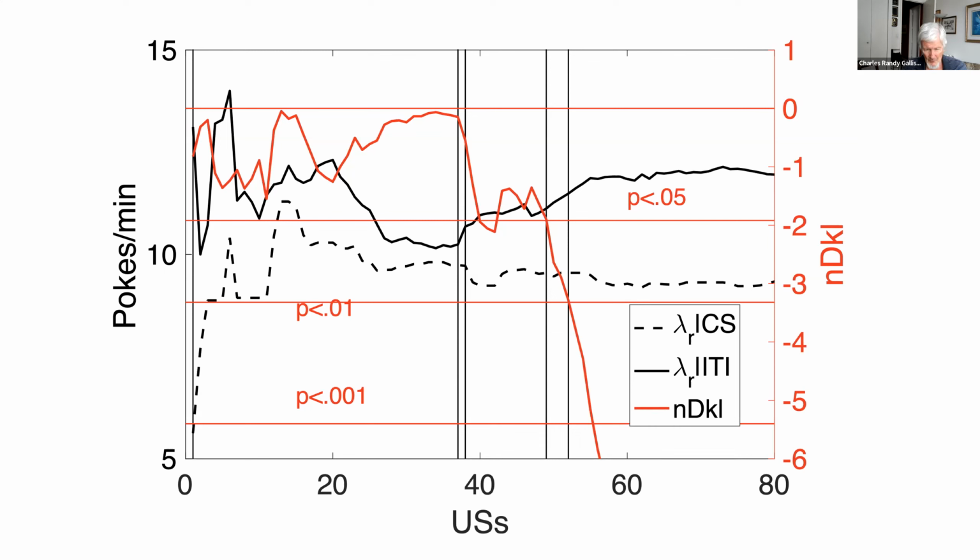Bashak has also used the NDKL to decide whether in a choice experiment, the animal's choice rate has stabilized. And that worked really quite nicely. Again, it showed that you could have been much more efficient because, as usual, she had adopted some criterion, and she's a very careful experimenter, so it was a very stringent criterion.